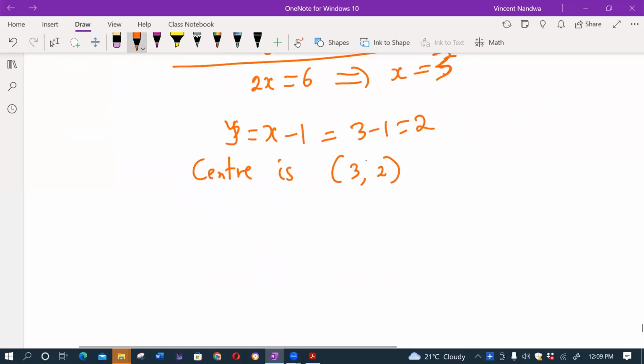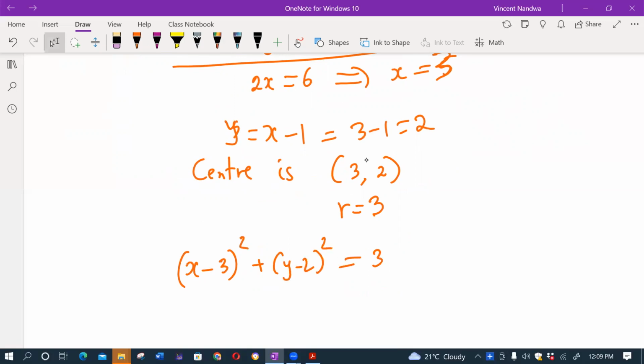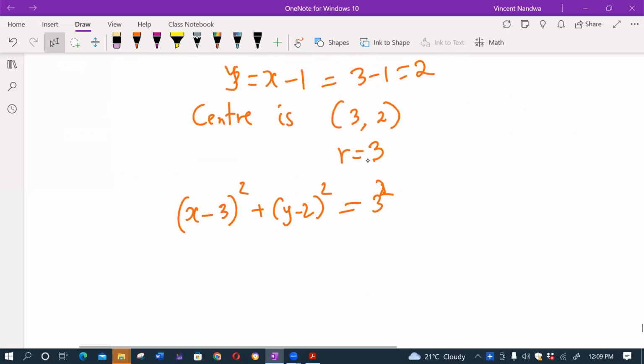Now that we also know the radius is 3, the equation will be x minus 3 squared plus y minus 2 squared equals to 3 squared, which will be x squared minus 6x plus 9 plus y squared minus 4y plus 4 equals to 9.